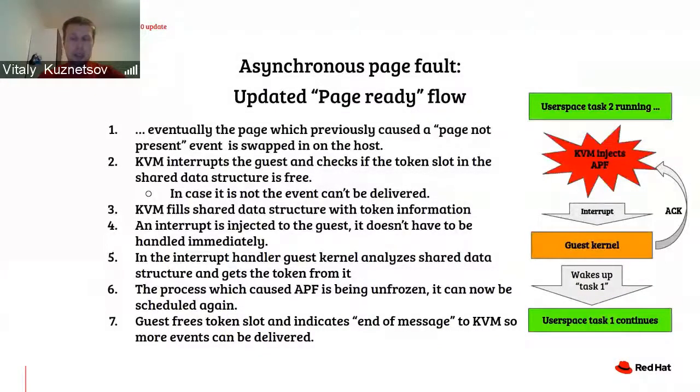We get into an interrupt handler in the guest kernel eventually, and the guest kernel searches through internal structures for the task which was previously frozen with this token. It finds it and unblocks it, so this task can now run. And also, we've introduced an acknowledgement mechanism by which the guest kernel tells KVM that it completed processing this asynchronous page fault event, so the next one can get delivered, either immediately or in the meantime.